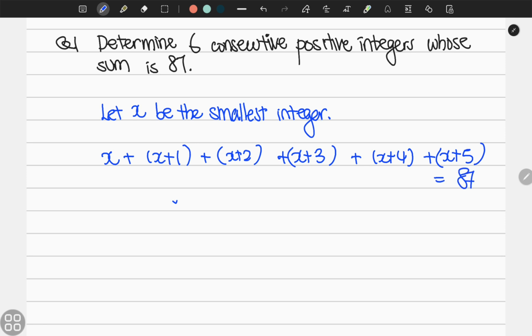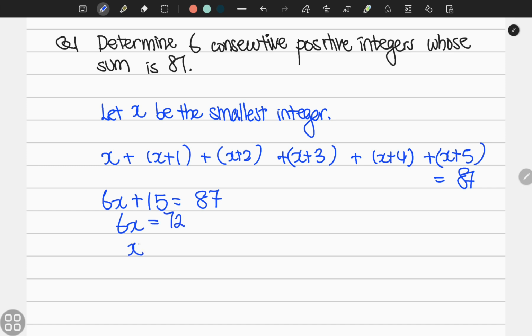So 6x plus 1 plus 2 plus 3 plus 4 plus 5. That gives us 15, and this is equal to 87. This gives us 6x equal to 72.